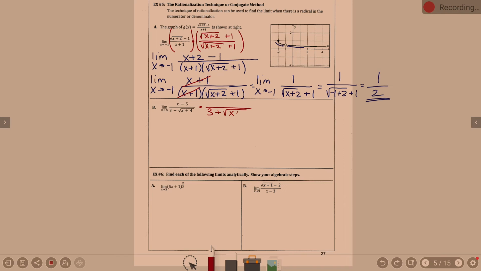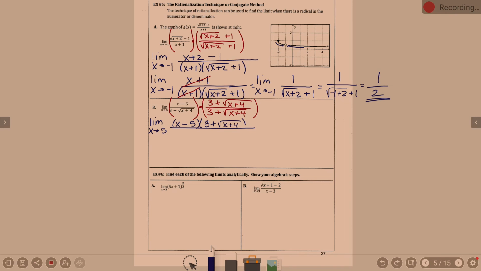What you do to the denominator, we're going to do to the numerator. So the limit as x approaches 5, that numerator, just leave it as is. We're not going to multiply that out, so we're just going to have x minus 5 times 3 plus square root of x plus 4.